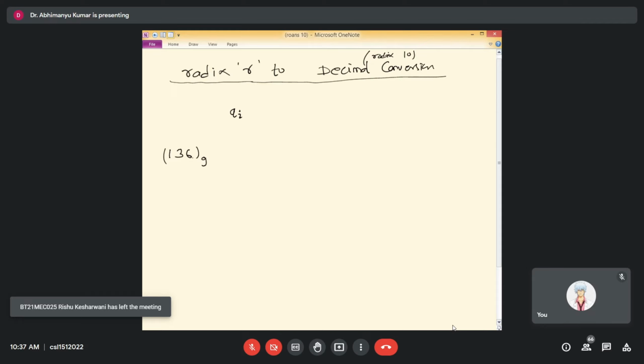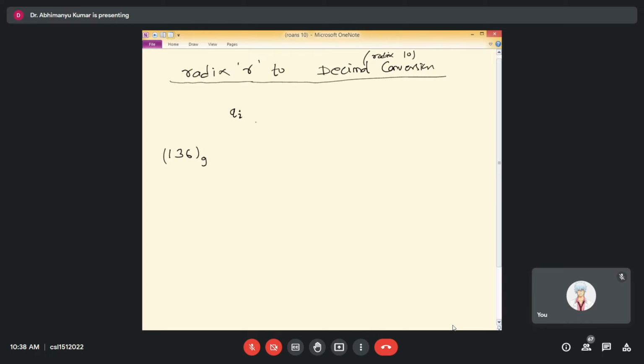Now we would like to convert this. This is represented in radix R system, R equal to 9, into the decimal system, right? So ai is representing the individual figure. I is equal to 0, 1, 2, so ai are 6, 3 and 1, the individual figures.